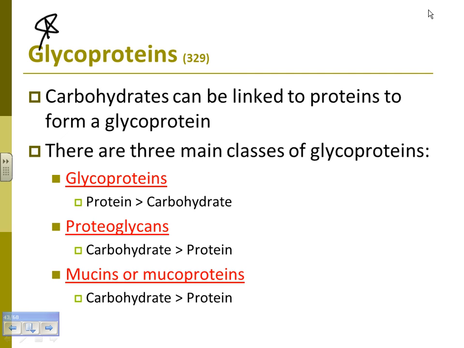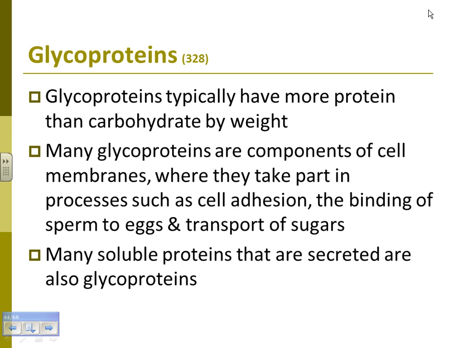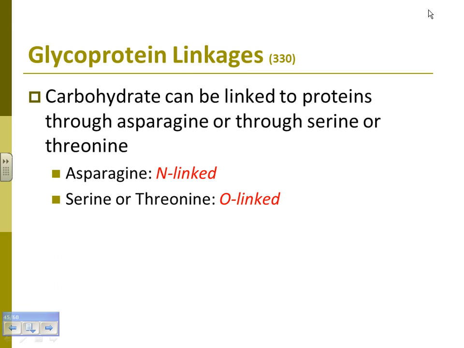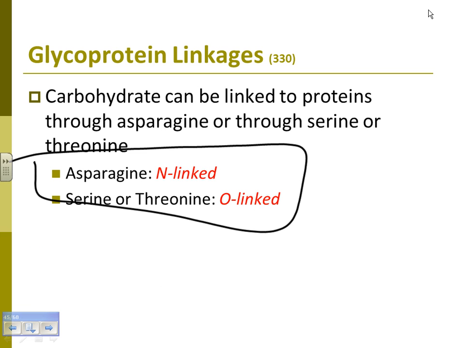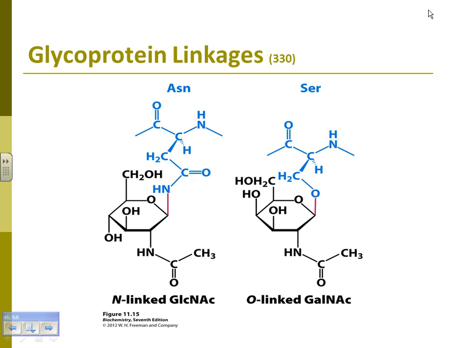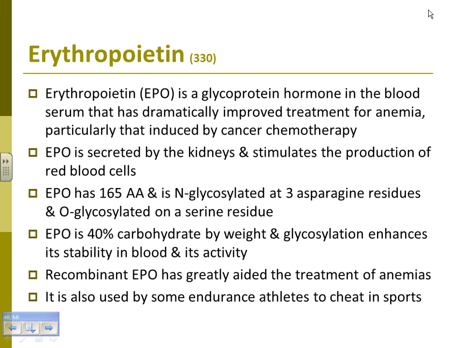So glycoproteins, here's another little subsection. We're going to talk about all these for just a minute. And on my study guide sheet that I have for you, I take out the main points, such as this, for what you have to know. N-linked versus O-linked. The EPO is an example of a glycoprotein.